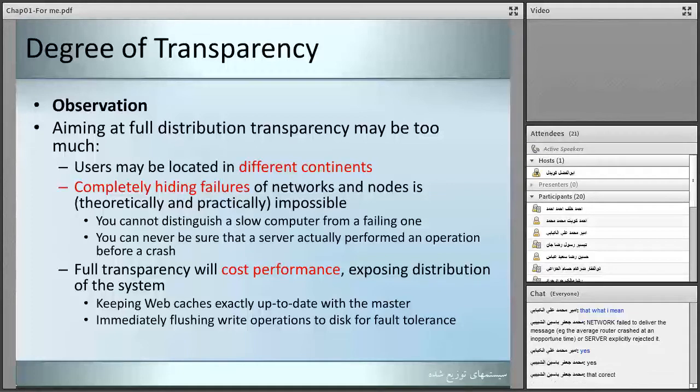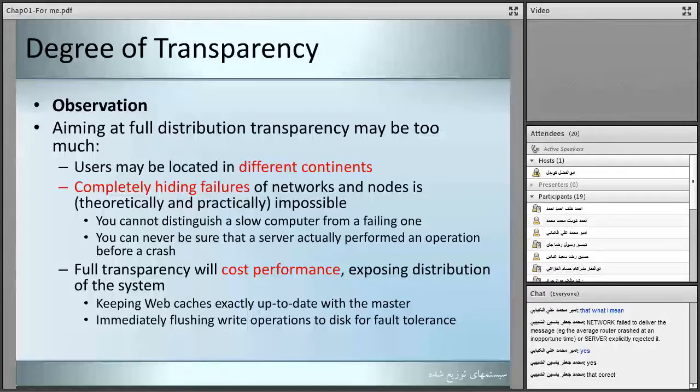The other important thing is about performance. As you can see, full transparency will cost performance. What does it mean? Tell me, what do you think about it? Full transparency will cost performance. It means we have a trade-off between transparency and performance.